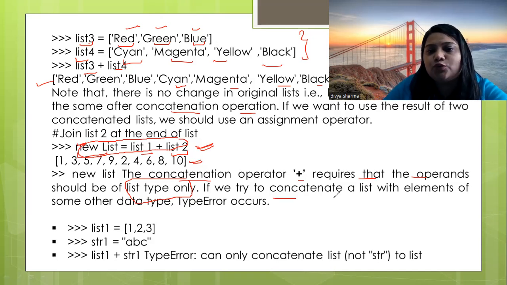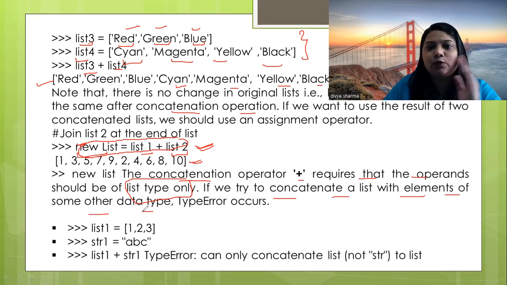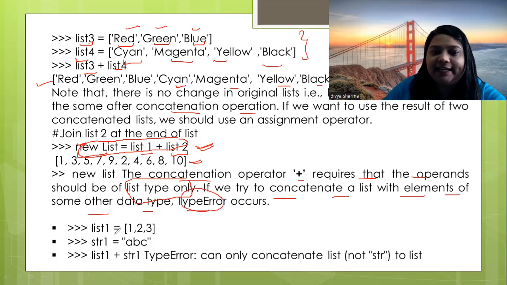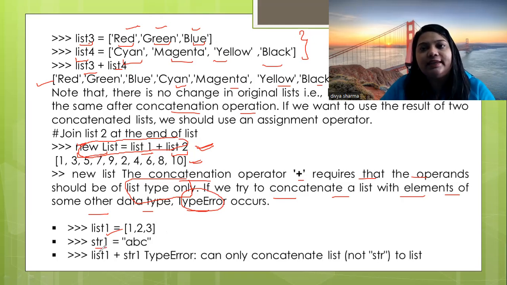So if we are going to concatenate a list data type with another data type, what will happen in this case? It will produce an error, that is, a type error occurs. Suppose we are going to concatenate list 1, which contains elements 1, 2, 3, and another thing, string 1, which is a string data type containing ABC.